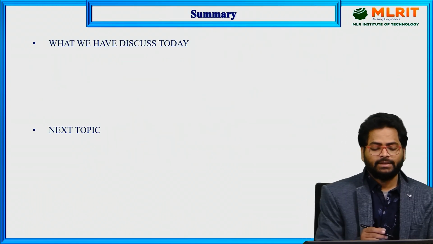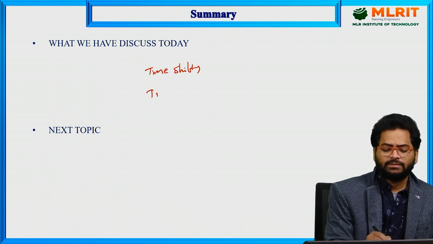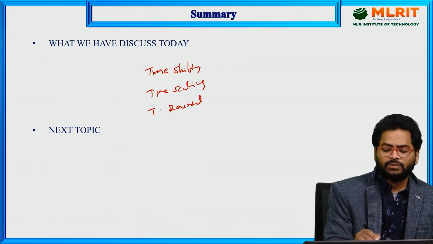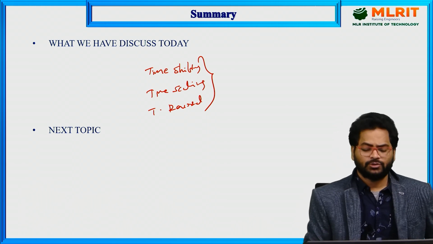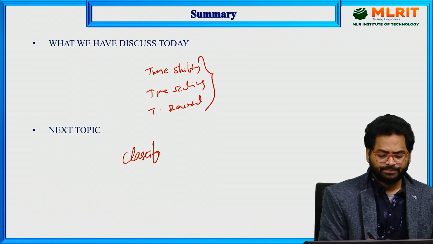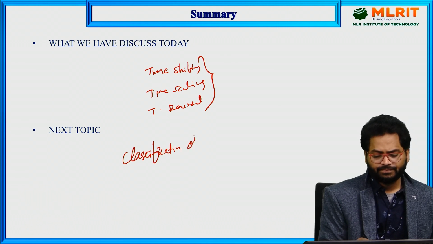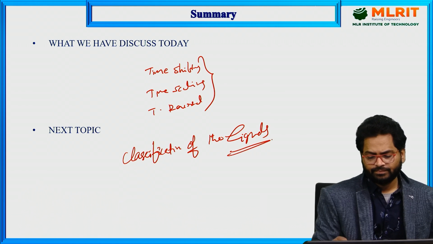So what we studied: time shifting, time scaling, and time reversal. These are the three operations we studied in this class. The next topic we will see is the classification of signals. Thank you.